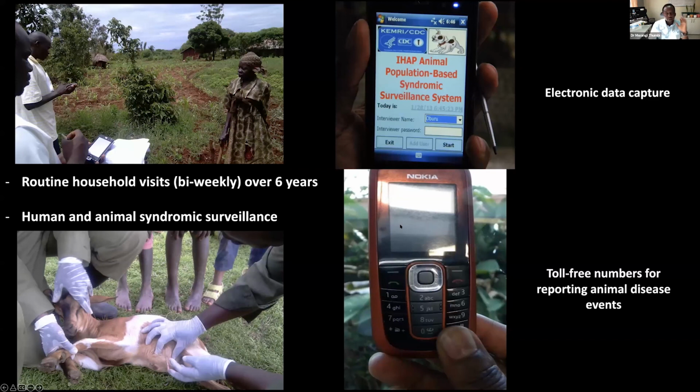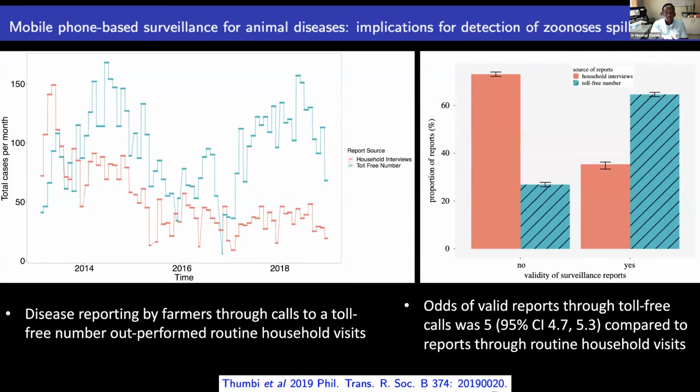Basically, not a smartphone, just a toll-free number that they are given, and they can make a call and report any kind of disease event that they see in their community. The response to those reports is to send in a team of animal health assistants who go and do the examination and, where possible, treat the animals. So out of that work, we noted really interesting things.